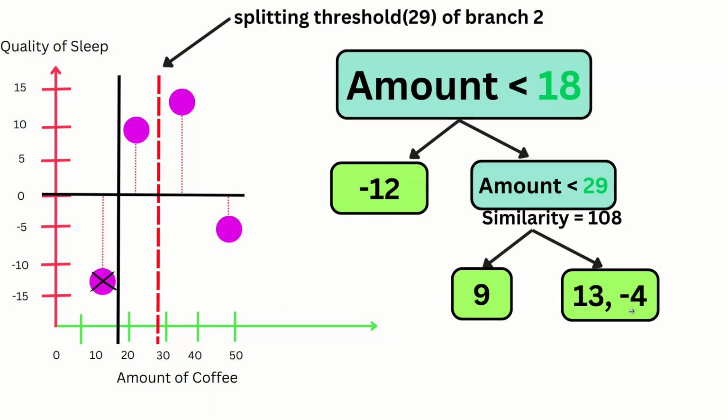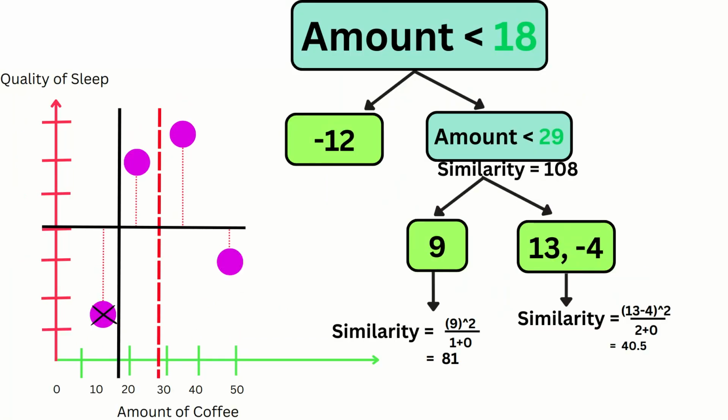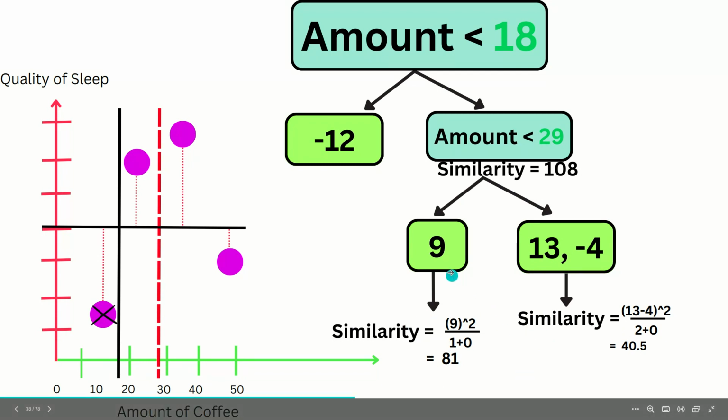Now let's calculate the similarity score of both the left and right leaves, and we got a similarity score of 81 for the left leaf and 40.5 for the right leaf.